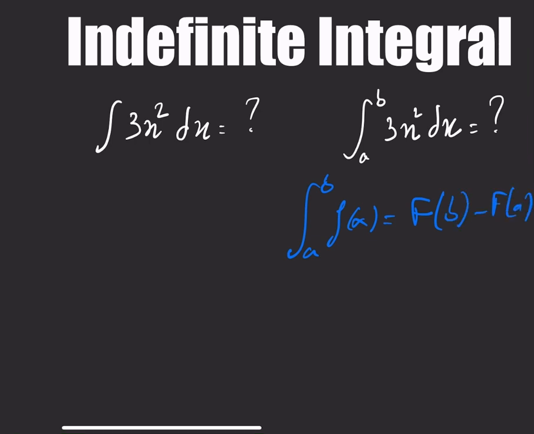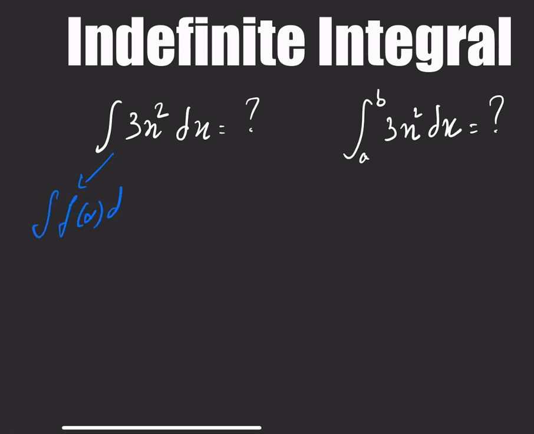So you can see they are different in definition. They are also different in results. In the indefinite integral, the result is a function plus a constant, as you saw previously from the notation: the integral of f of x dx is equal to F of x plus C. However, for the definite or regular integral, the result is a number.